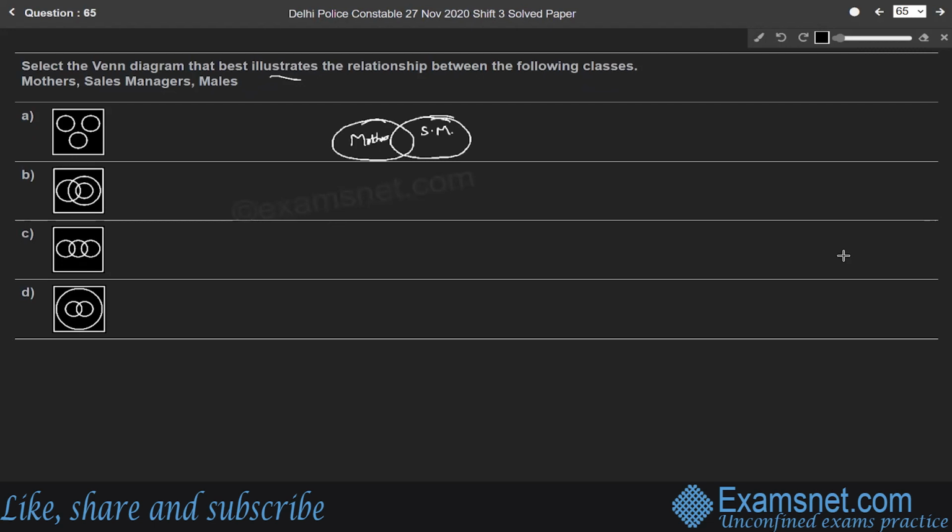Some mothers are sales managers, right? So let us consider another set of males. So here some sales managers are males, or we can take vice versa. Some males are sales managers. Therefore, option C is the right answer. So this illustrates some mothers are sales managers or vice versa. Some sales managers are mothers and some sales managers are males.